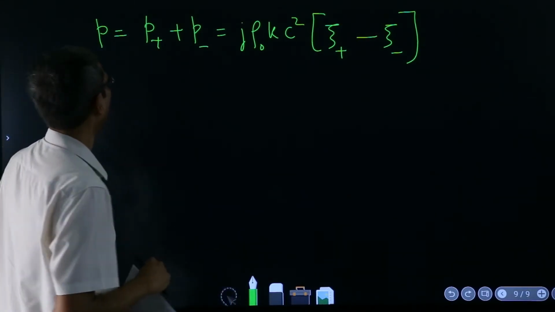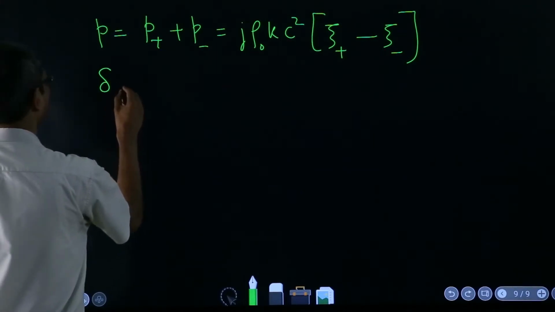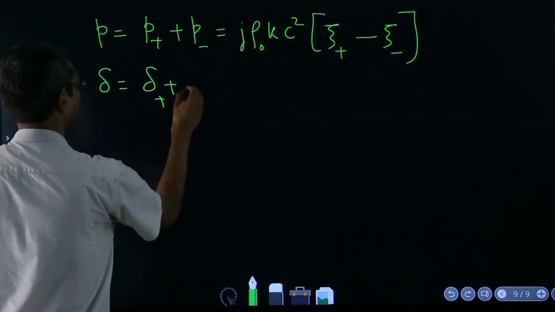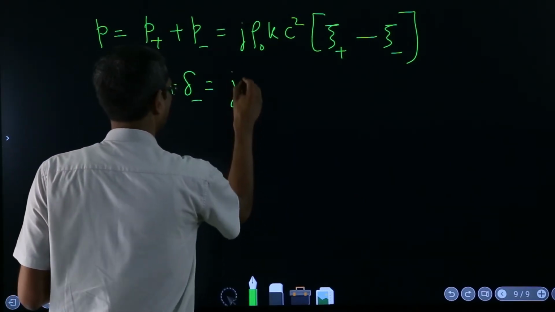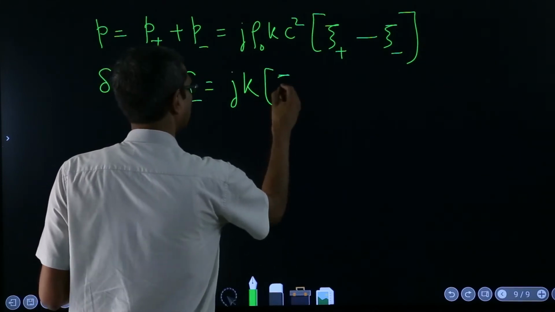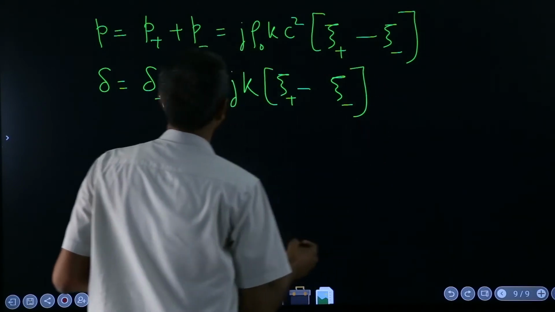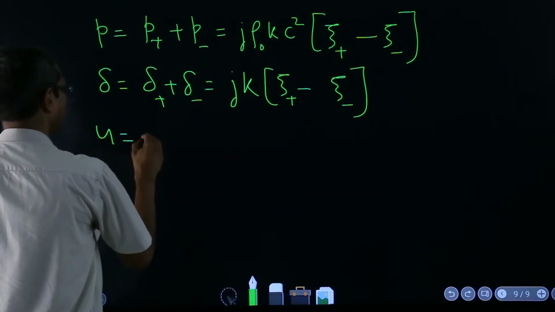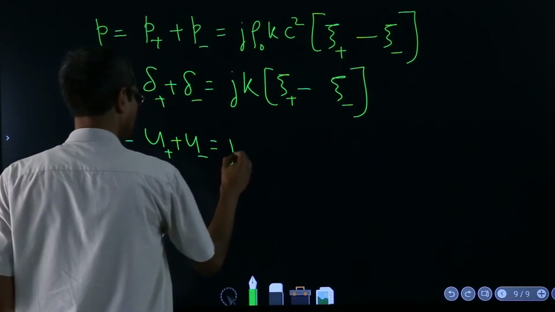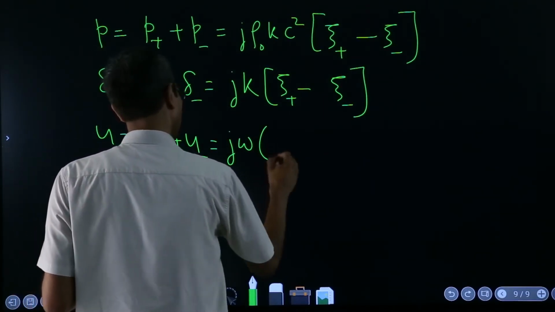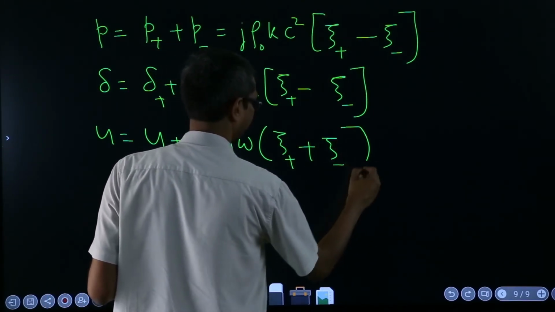Okay. And similarly you will get delta as delta plus plus delta minus, which is j k times xi plus minus xi minus, and u is u plus u minus, which will be j omega times xi plus xi minus.